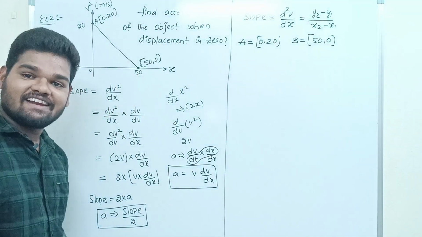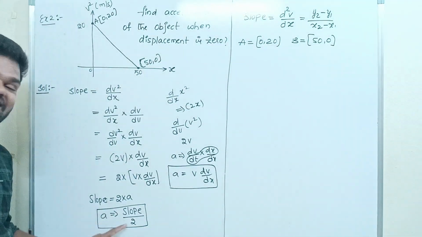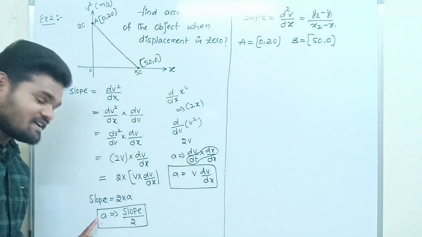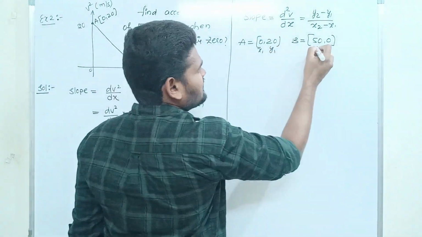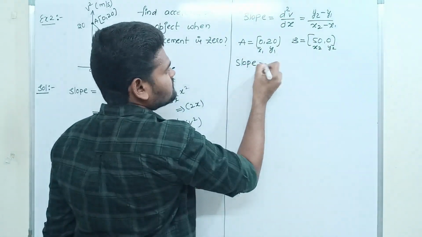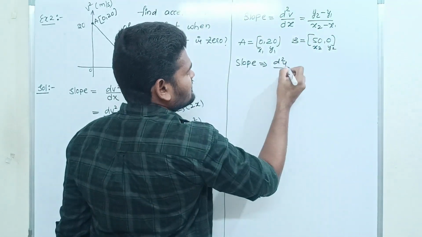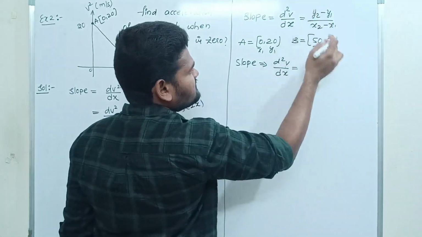Are you getting any doubts? Same thing I repeated, but here we have slope divided by 2. Acceleration is equal to slope divided by 2. So this is x1 y1, x2 y2. Then slope is equal to d v square by dx is equal to y2. What is y2?